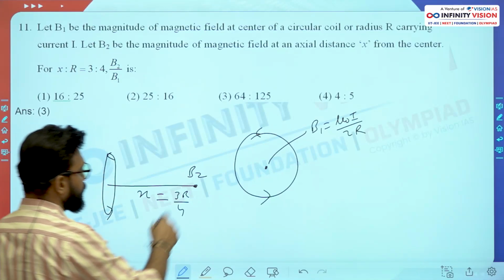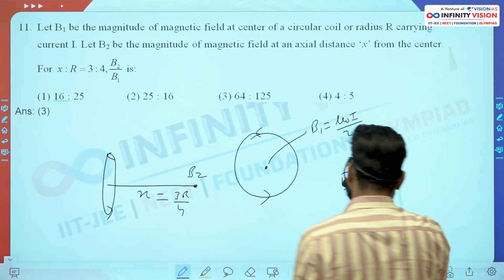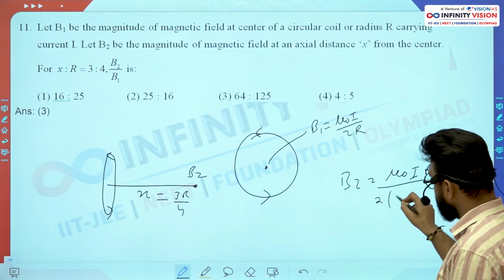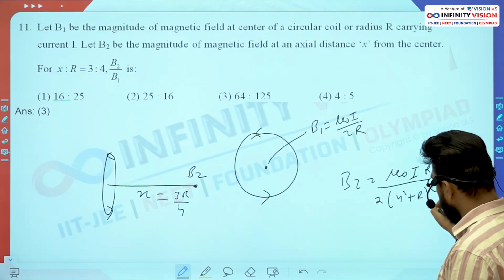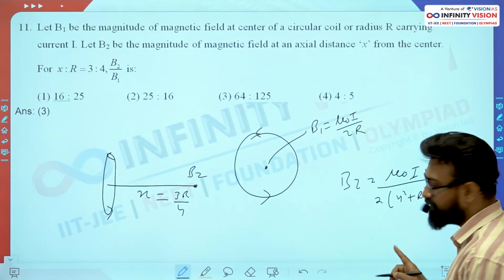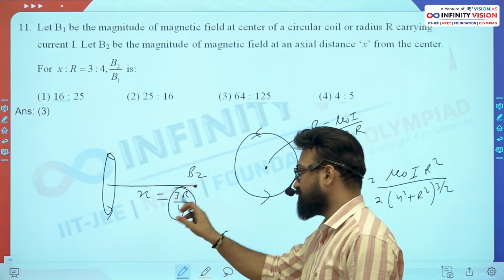Magnetic field on an axial point, that we already know, is calculated as B2 is mu naught I R square divided by 2 times x square plus R square whole power 3 by 2. So this is how you calculate the magnetic field on an axial point. This axial point is at a distance of 3R by 4.